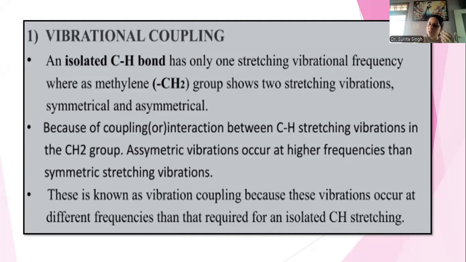So we should have an idea that asymmetric stretching has higher frequency in comparison to the symmetric stretching vibration. These are known as vibrational coupling, because these vibrations occur at different frequencies than that required for an isolated CH stretching frequency.